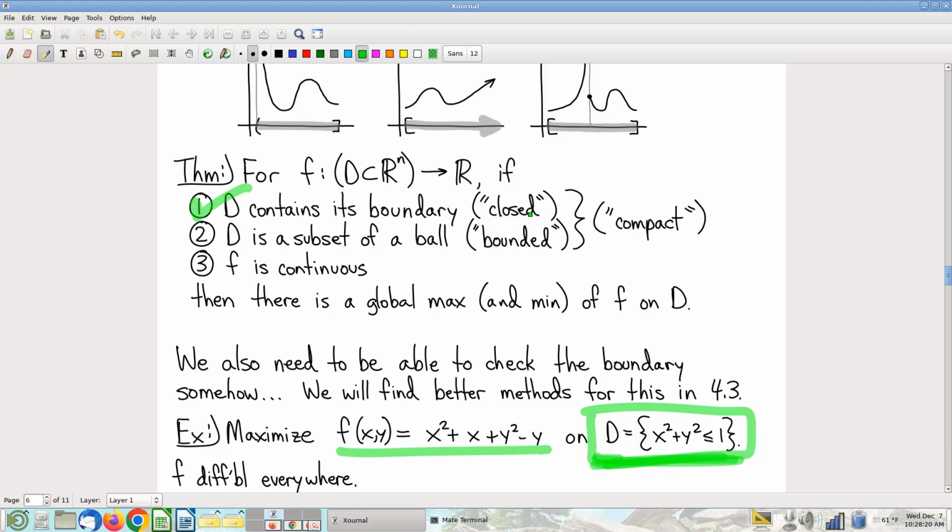Is it bounded? Well, yeah. It's a subset of a ball. In fact, it is a ball. So it doesn't run off to infinity in any particular direction. So it is bounded. And is this function here continuous? Well, it's a polynomial. All polynomials are continuous. So we know that there's a global max, and we just need to find it.